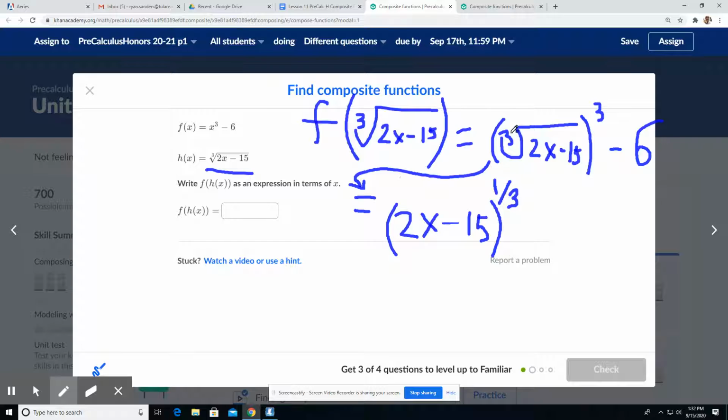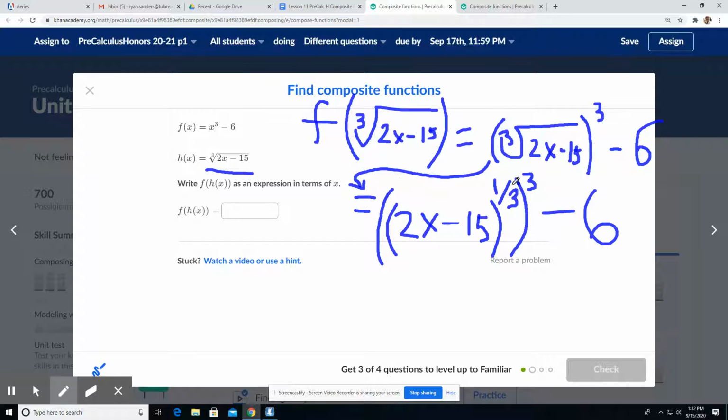Whatever kind of radical there is, that's the denominator of the fractional exponent, the bottom of the fraction on the exponent. Usually we have square roots, so that would most commonly be a 2 down here. And then all of this is still to the 3rd power, and it's minus 6 at the end.